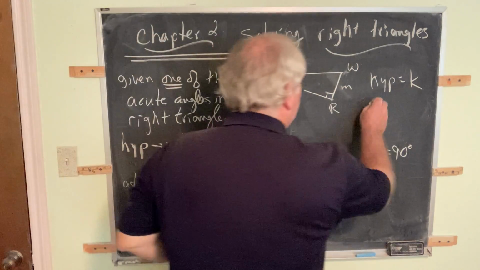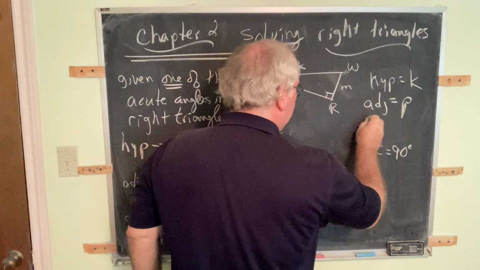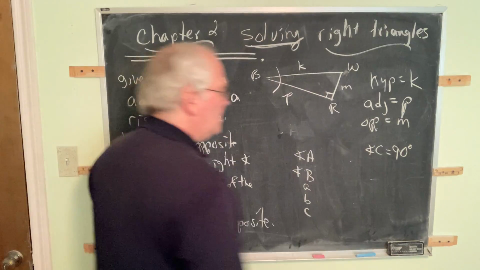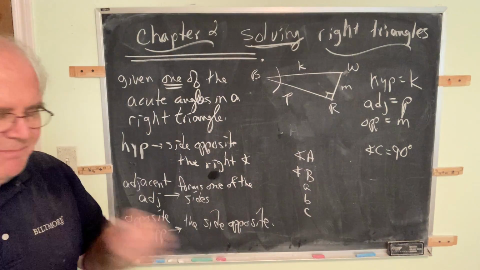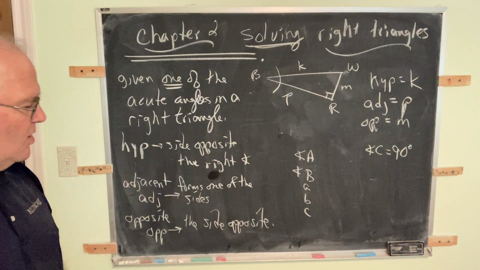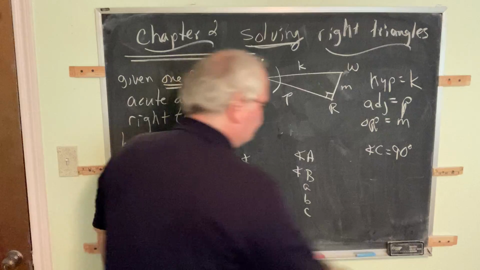So P is adjacent. And then the other one is side opposite, which in this case is M. So being able to identify that is just bedrock fundamental. That just needs to be part of your mental furniture. All right?